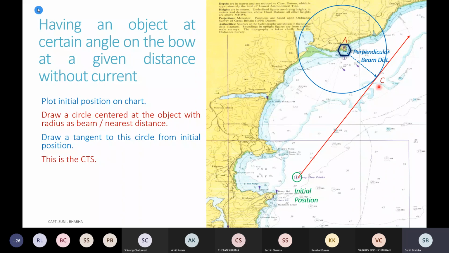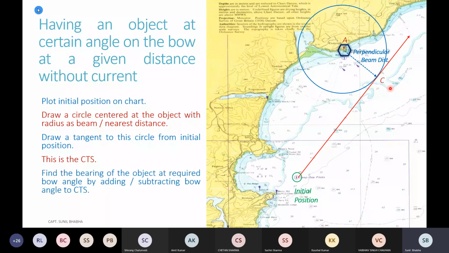And you see this is also perpendicular to my course steered line. A tangent is perpendicular to the radius of a circle. So angle C here becomes a right angle.